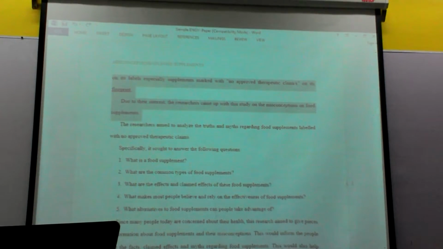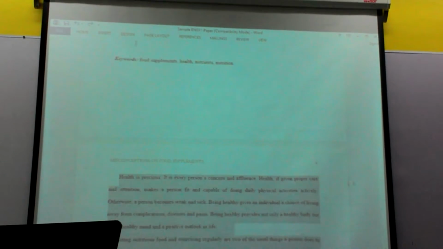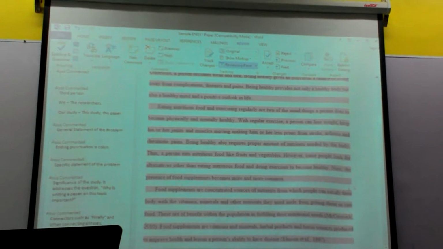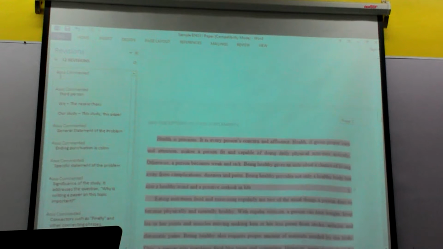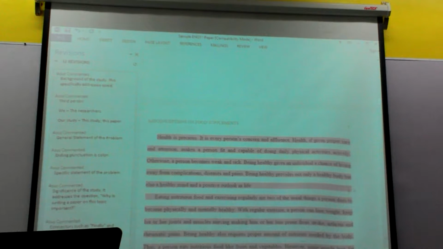This entire thing I highlighted, this is the background of the study. Wait, let me just put a comment. Background of the study, and this specifically addresses question number 1.